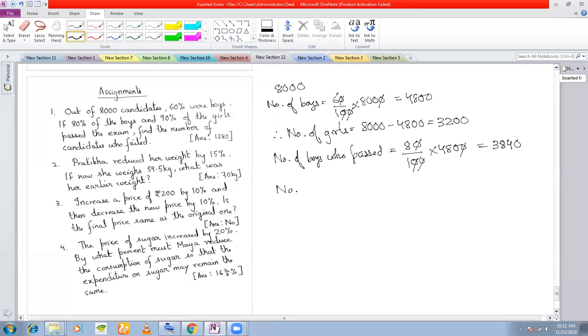And the number of girls who passed. What is the percentage of girls who passed? 90%. So this cancels, and you get 2,880. This many girls passed. So find the number of candidates who failed.